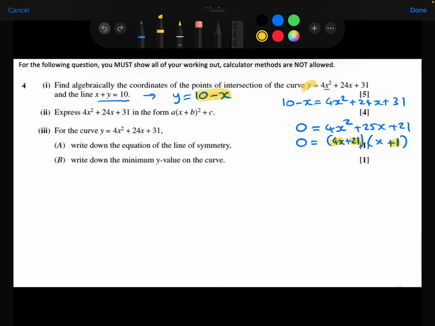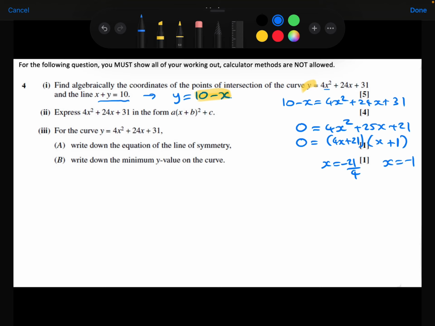So I know I've got that correct. Therefore, the x coordinates of the points of intersection are minus 21 over 4 or minus 1.